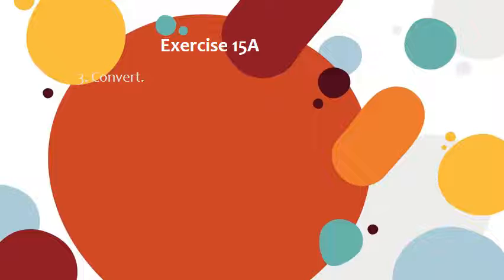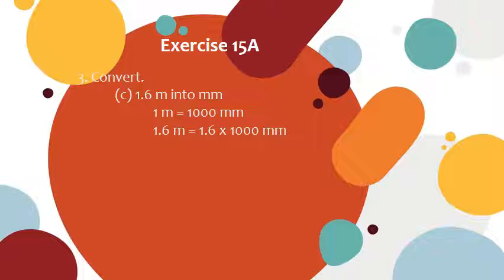Now children, let's come to the next question. Here we have to convert 1.6 meter into millimeter. Now children, meter is the bigger unit and millimeter is the smaller unit. So we know that 1 meter is equal to 1000 millimeter. Therefore, 1.6 meter is equal to 1.6 multiplied by 1000 millimeter.